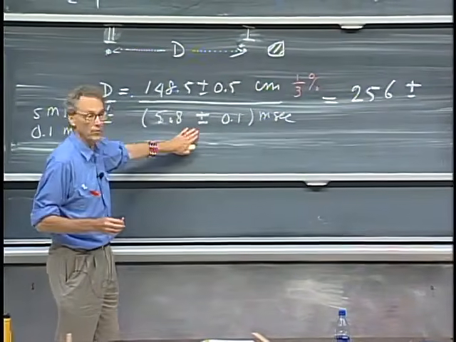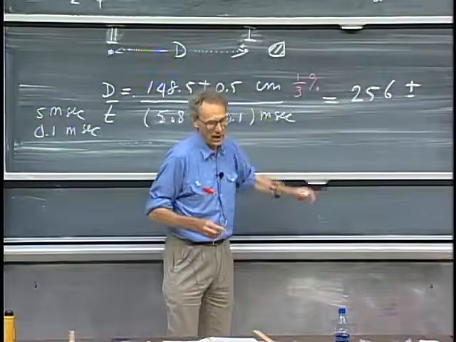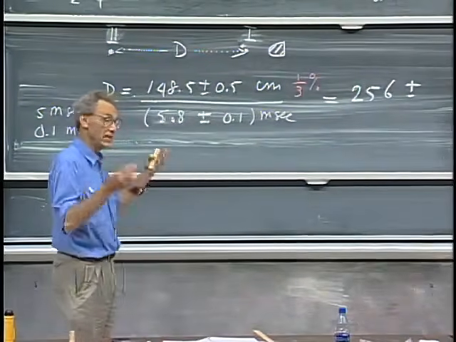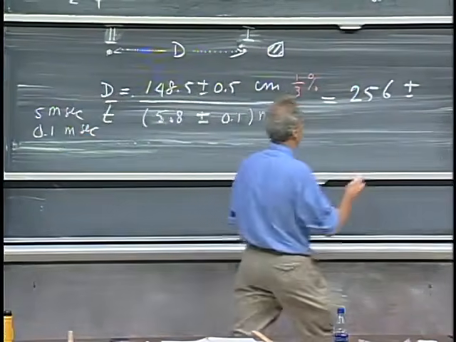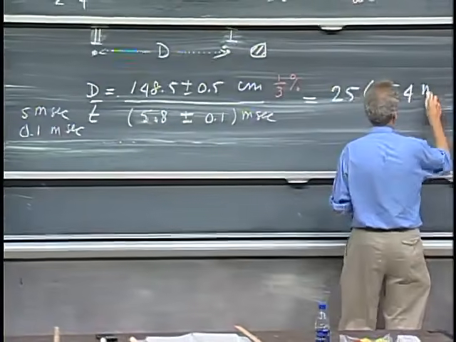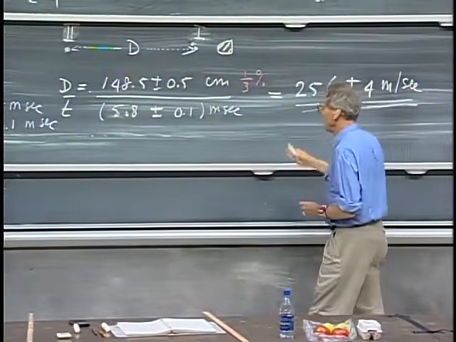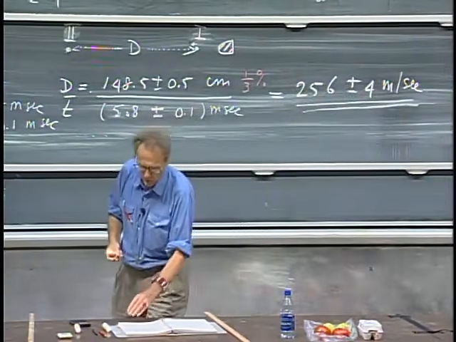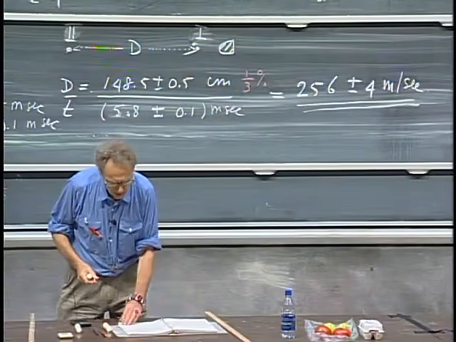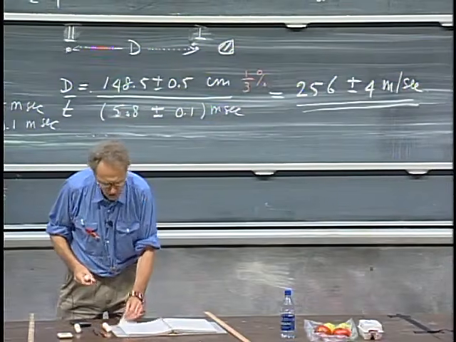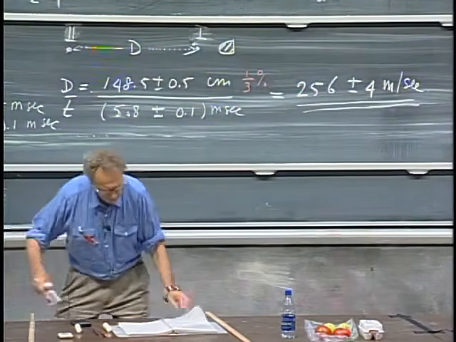So this is the only one we have to worry about. So the uncertainty in there is about 1.7%. It's less than 2, that's what I wanted. And that gives me an error of about 4 meters per second. And so this is the result. And you see, it's only meaningful because we have a good idea about the uncertainties in the measurement.